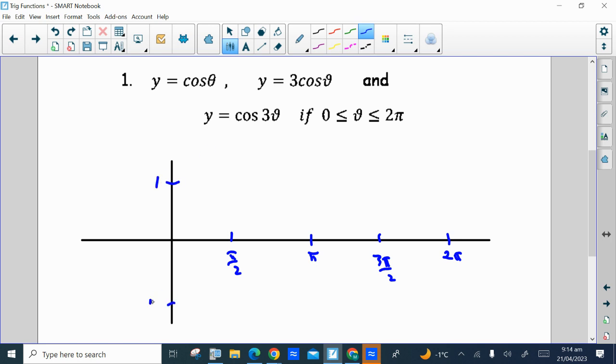Goes up to 1 and down to -1. So we start with the graph of cosine theta, which remember starts at the maximum. Critical points at every pi on 2. So this is our base graph for y equals cos theta.